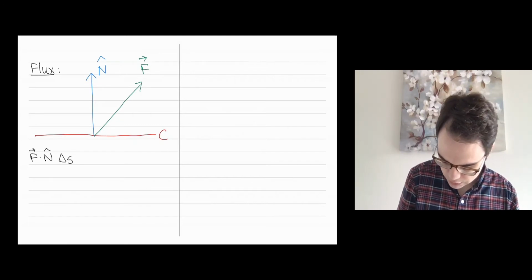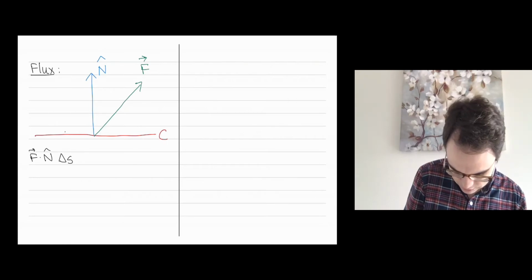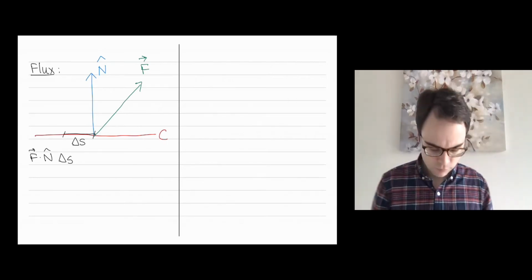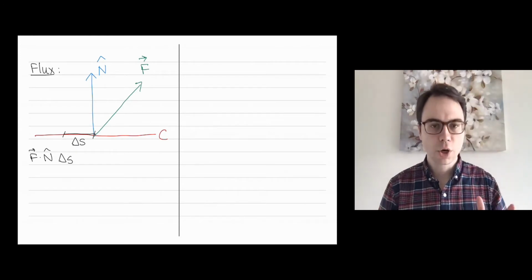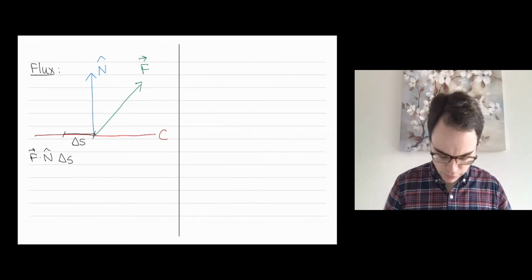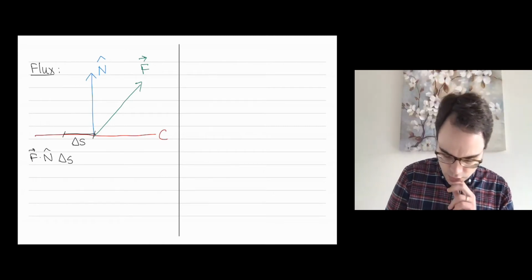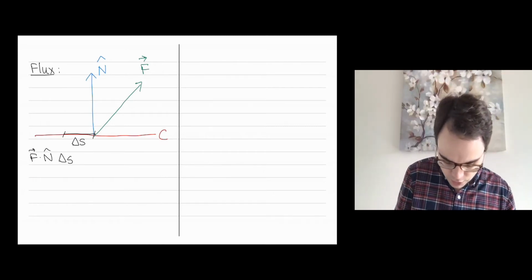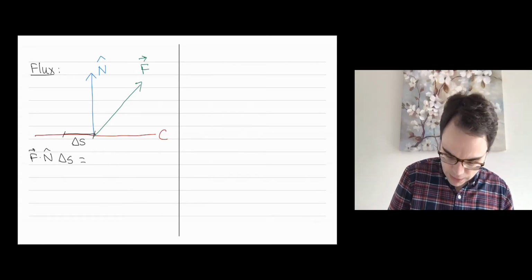I guess I'll draw it. Well, we have red already, so just do it in black. So this is ds. Okay, so I have a little piece of the curve, we have a vector field F and the unit normal. So here's what this number is.